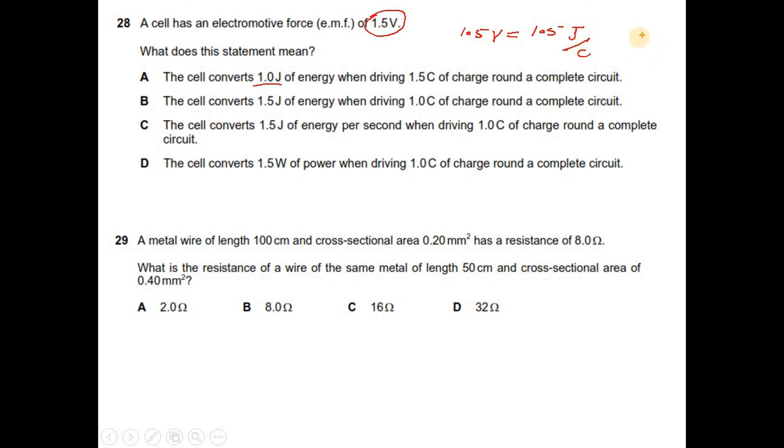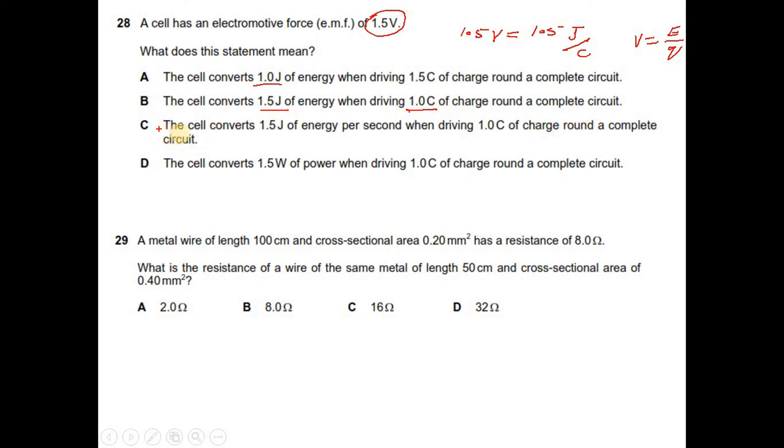If you see the formula for EMF or voltage, V is equal to energy per unit charge. So 1.5 volt means 1.5 joule per coulomb. So one cell converts 1.5 joule of energy when driving 1 coulomb of charge. Indeed, it should be the option.